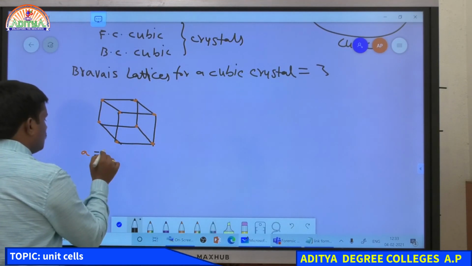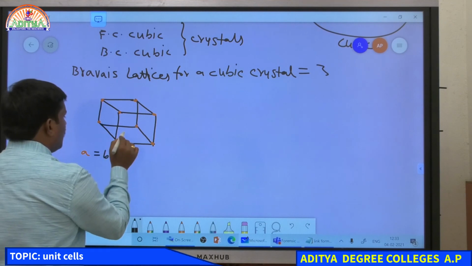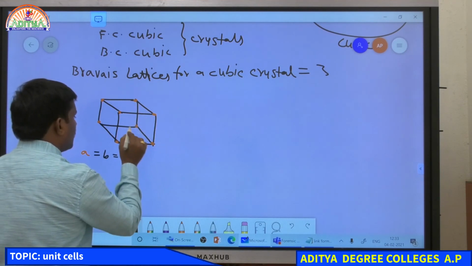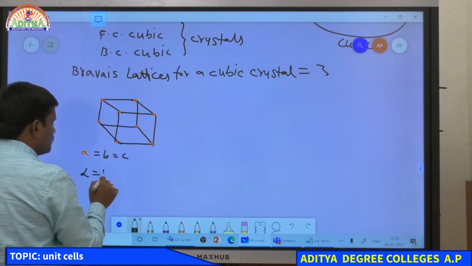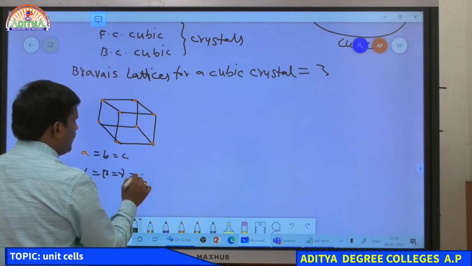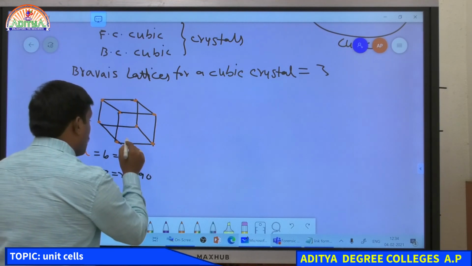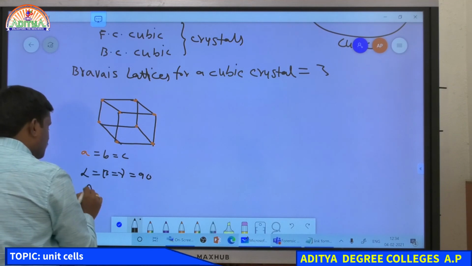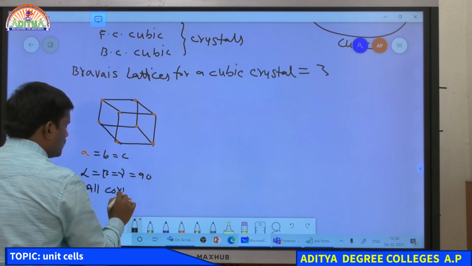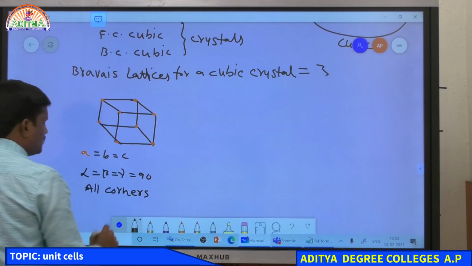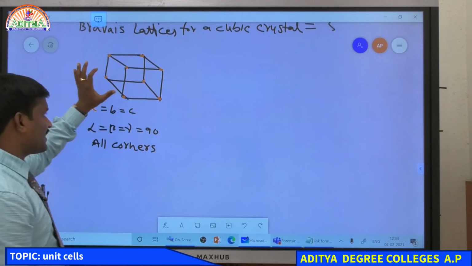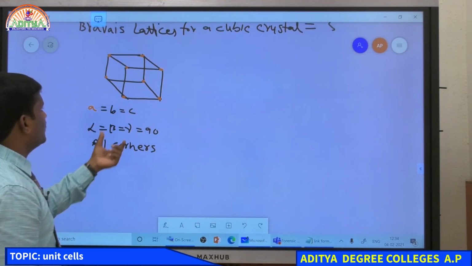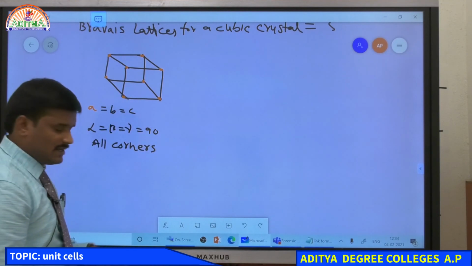Here A is equal to B is equal to C, so all lengths are equal, and alpha is equal to beta is equal to gamma is equal to 90 degrees. Also, points are present at all corners only. What does this mean? This is a cubic crystal containing a simple cubic unit cell.